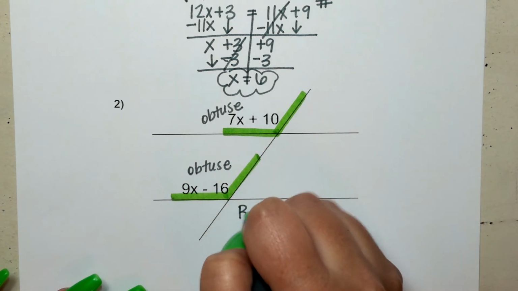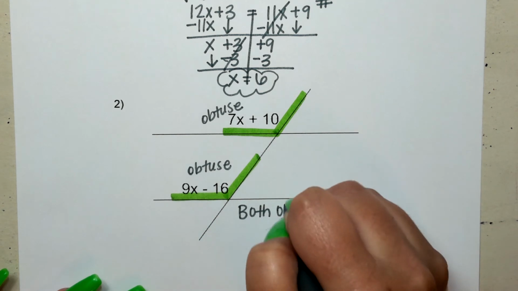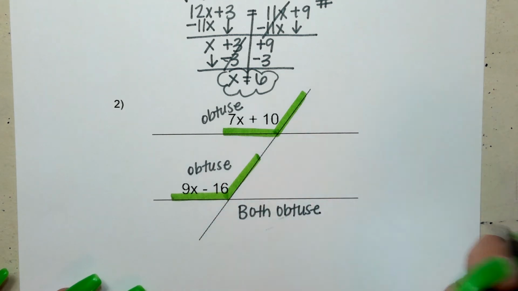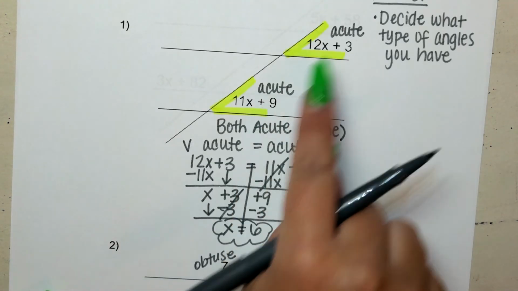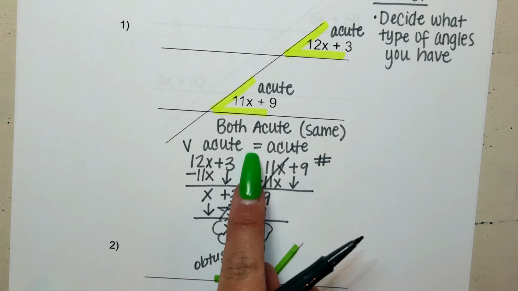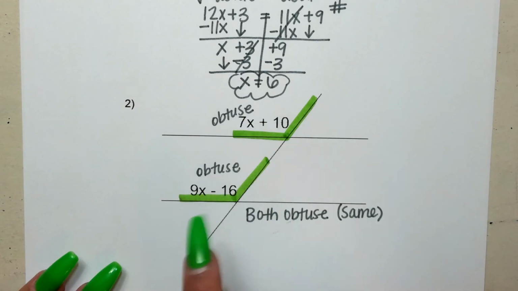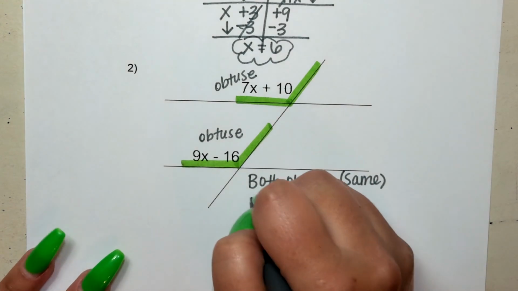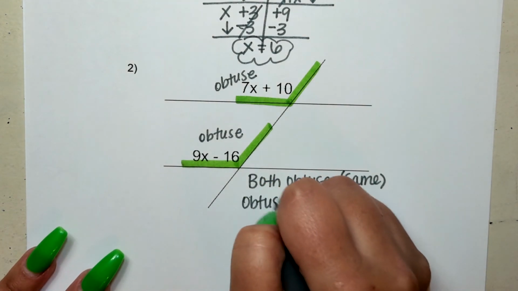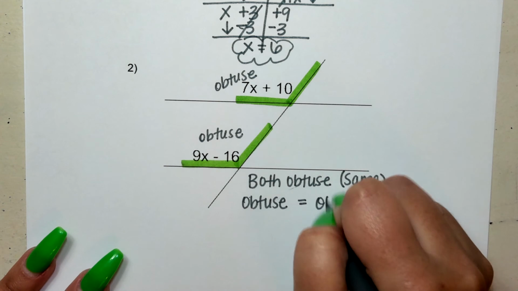So they are both obtuse, which means they are the same. So I do the same thing as I did up here. Both acute, set them equal to each other. Both obtuse, they're the same. So I set them equal to each other. So obtuse equals obtuse.